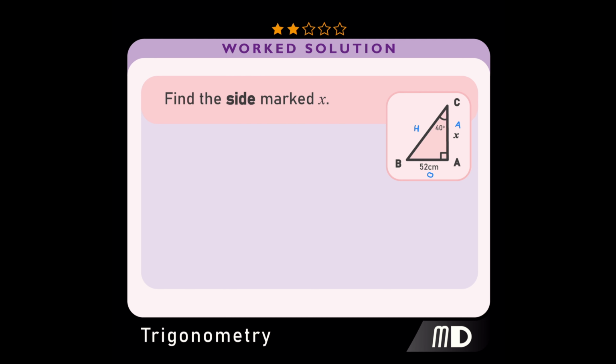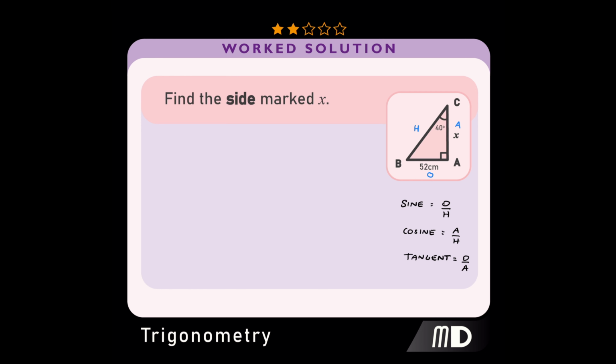We can use a mnemonic like SOHCAHTOA to remember the definitions of the trigonometric ratios for sine, cosine, and tangent. Those ratios are sine equal to opposite divided by hypotenuse, cosine equal to adjacent divided by hypotenuse, and tangent equal to opposite divided by adjacent.